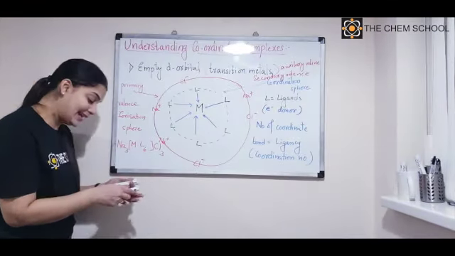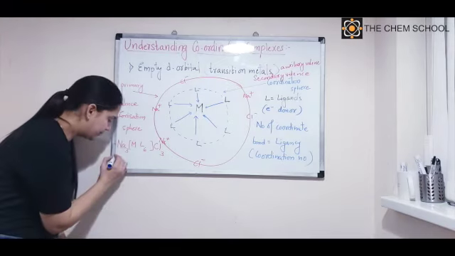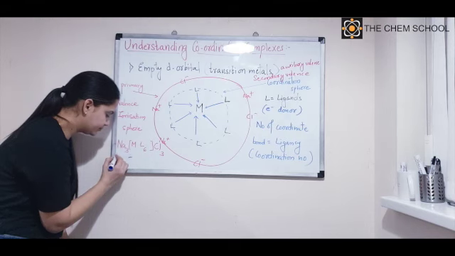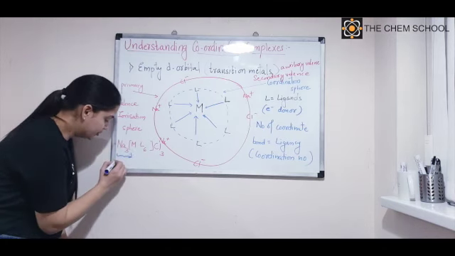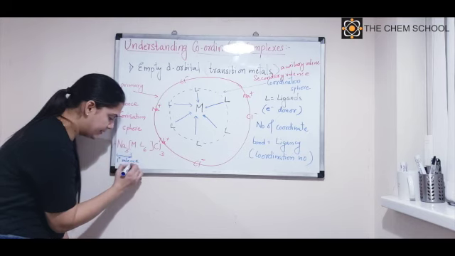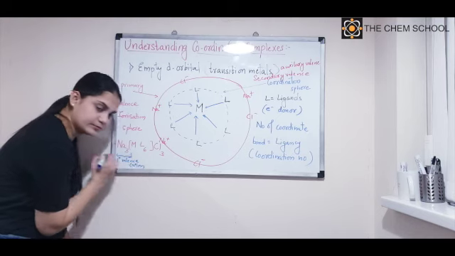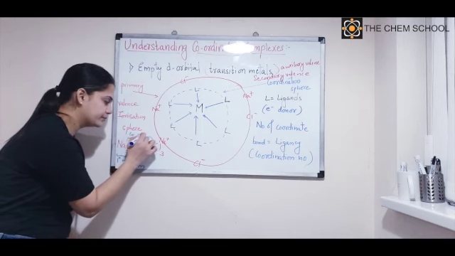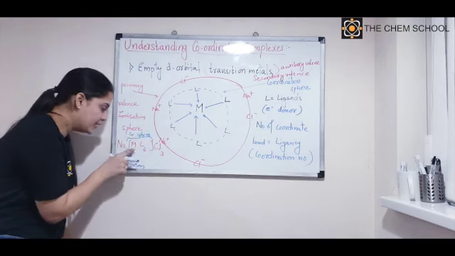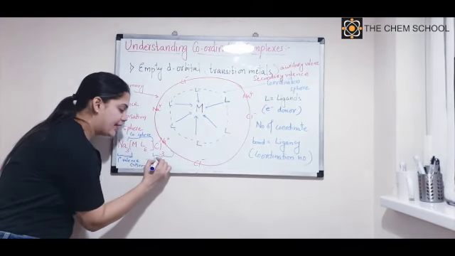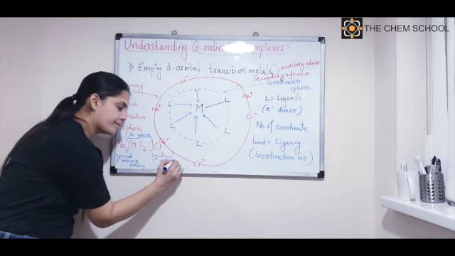Remember that when you write outside the square bracket, first you write the primary valence cation, then the coordination sphere, in that the transition metal followed by the ligands, and then the primary valence anion.